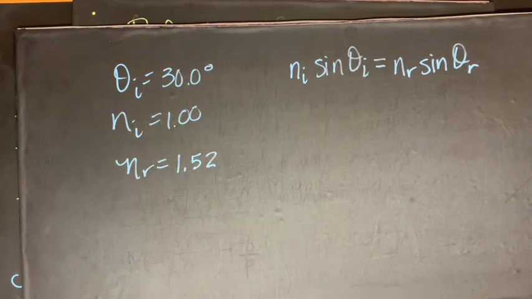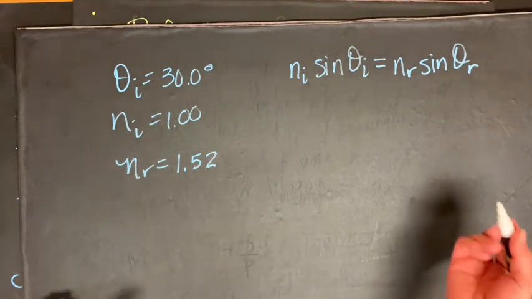Find the angle of refraction. So we have air, whose index of refraction is very close to 1. Certainly to those decimal places, that's 1. And then we have crown glass, which has an index of refraction of 1.52.